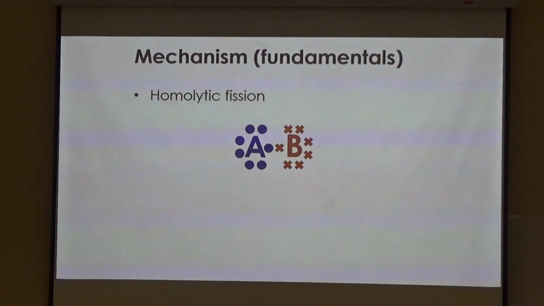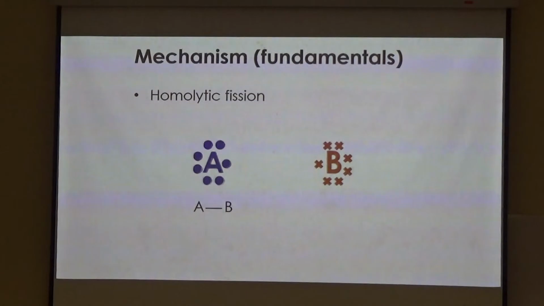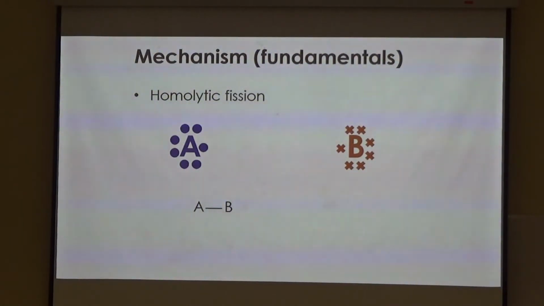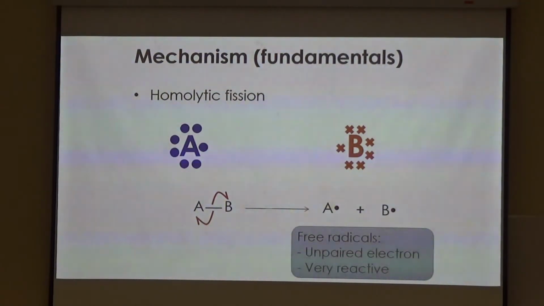Next, if I have a homolytic fission, homo means one. What does it mean? When I break the bond, each of them will take their own electron. So I will have a radical. This is what we call a radical, that means an A dot and a B dot.